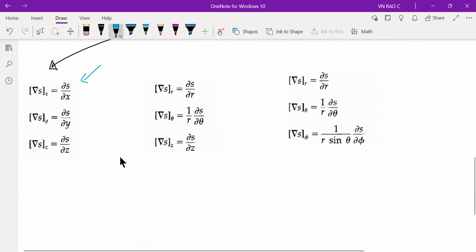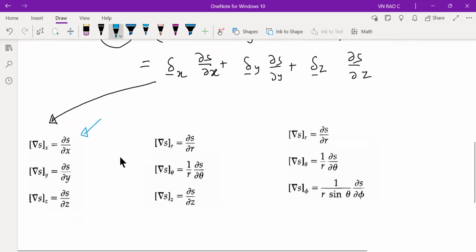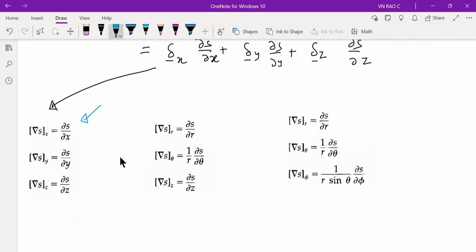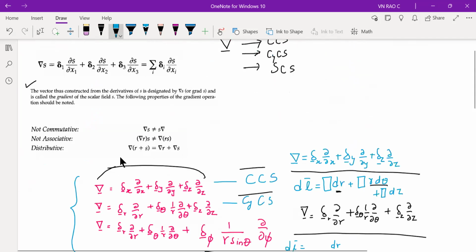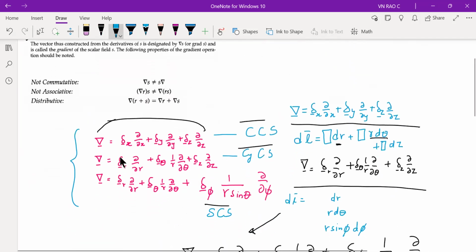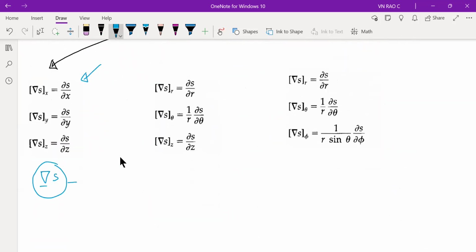This is in the x direction, or the x component. Now del s is a vector. This is a vector which is constructed, as we have seen by definition, from the derivatives of s.